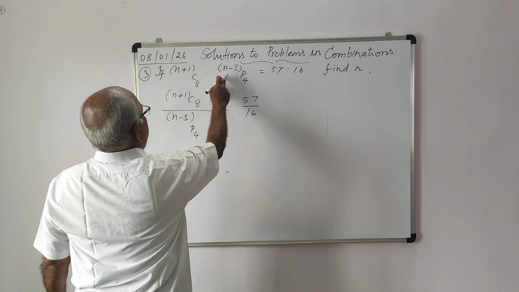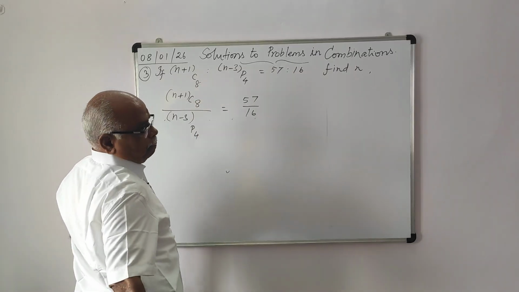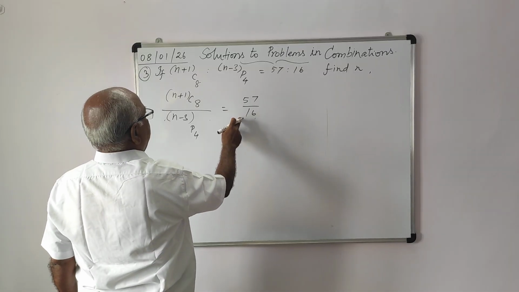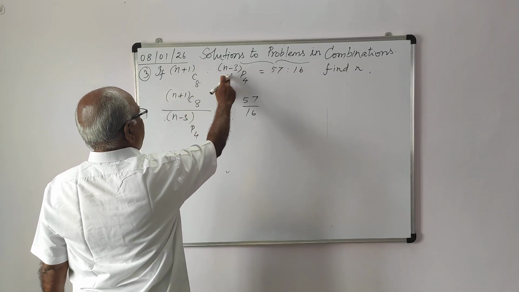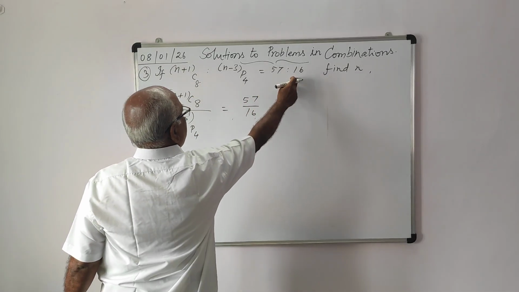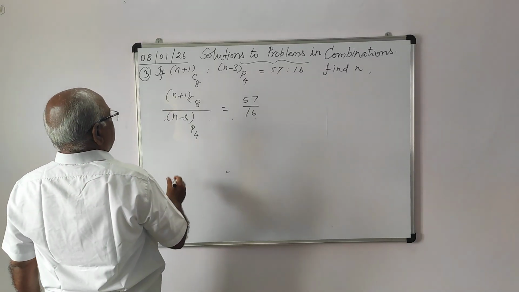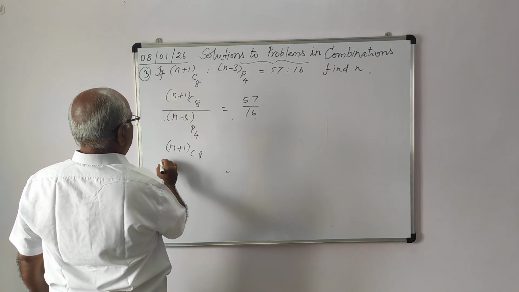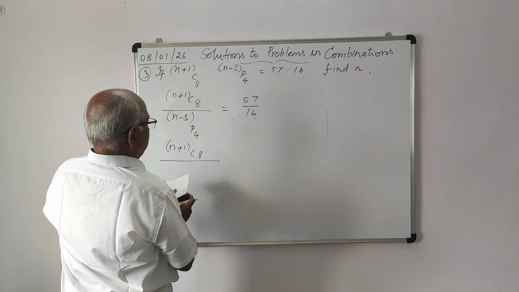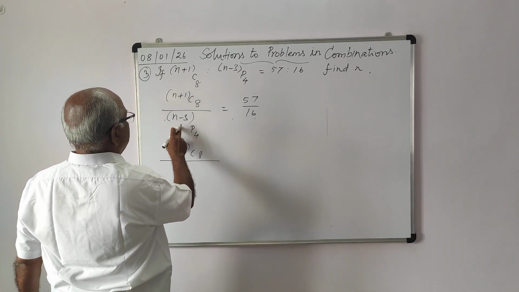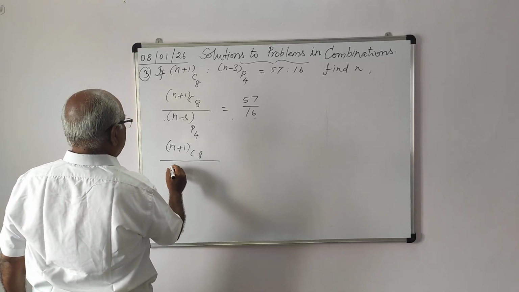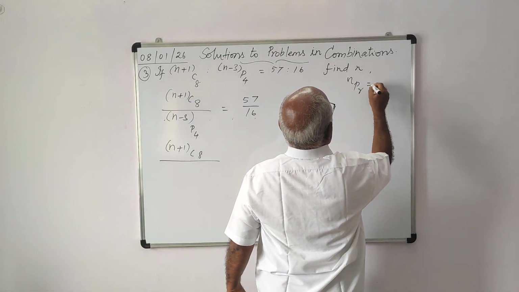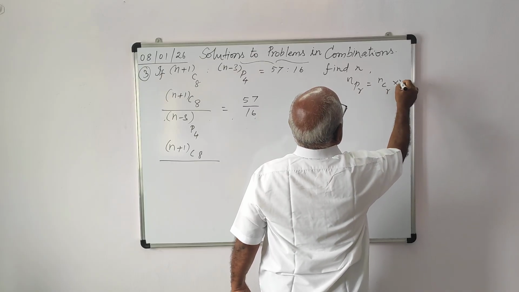A is to B equal to C is to D means A by B equal to C by D. (n+1)C8 divided by (n-3)P4 equal to 57 by 16. You consider (n+1)C8 as it is, but for (n-3)P4, you know nPr equals nCr into r factorial.